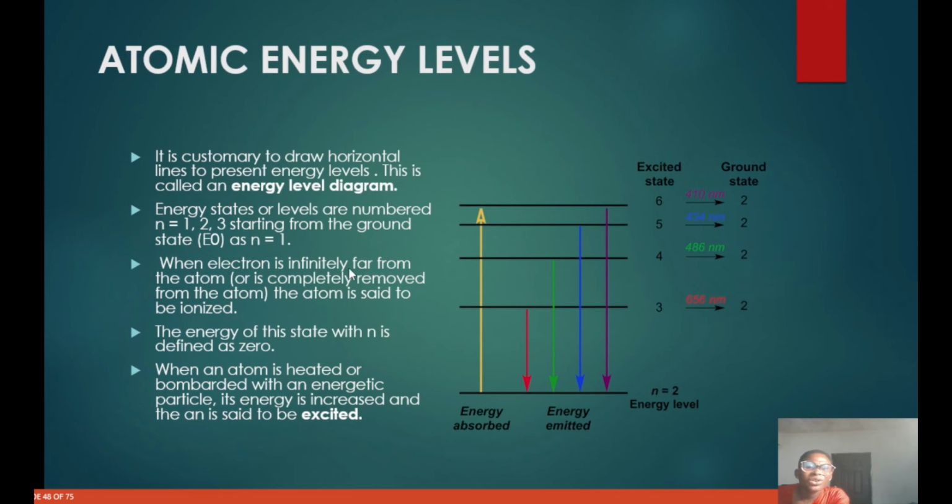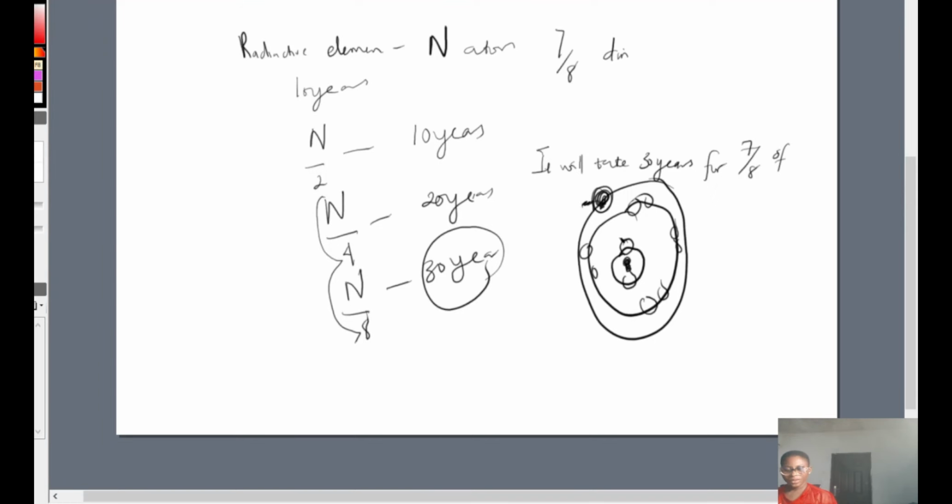When an electron is infinitely far from the atom or is completely removed from the atom, it is said to be ionized. You know, when we have NaCl, let me clean the board. Remember, Na is 11, 23, that's sodium, and we have chlorine, 17 and 35.